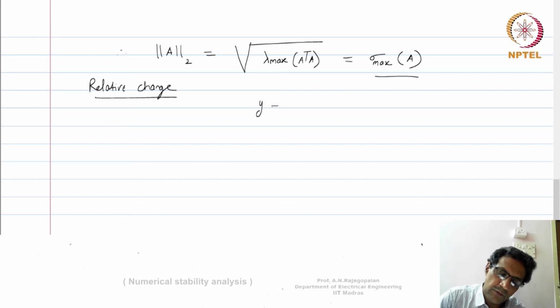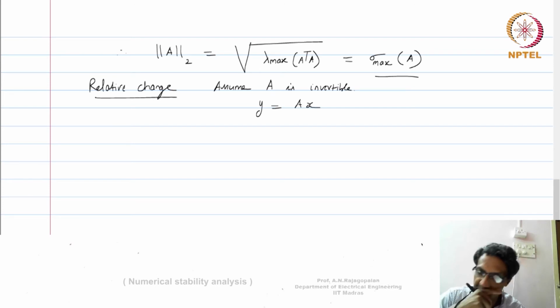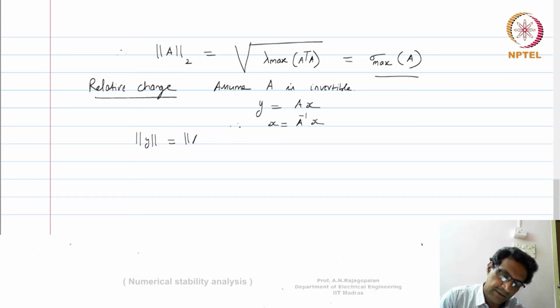Suppose we have y is equal to Ax, and assume A is invertible, which is the most ideal situation that you can have. If it is not invertible, then anyway we can't do much. But suppose A is invertible, therefore, what do we know? We know that x equal to A inverse y. Now let us look at norm of y, that is equal to norm of Ax, that is less than or equal to norm of A into norm of x.